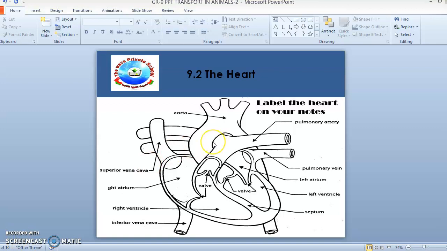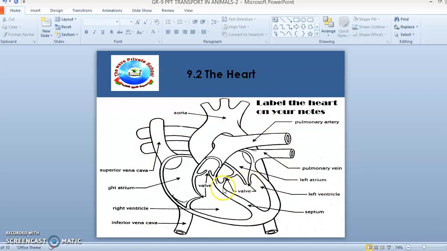After finishing drawing and labeling, read them once: aorta, pulmonary artery, pulmonary vein, left atrium, left ventricle, septum, right ventricle, inferior vena cava, right atrium, superior vena cava. These are all the parts of the heart.